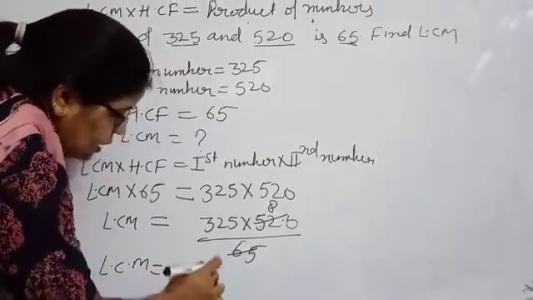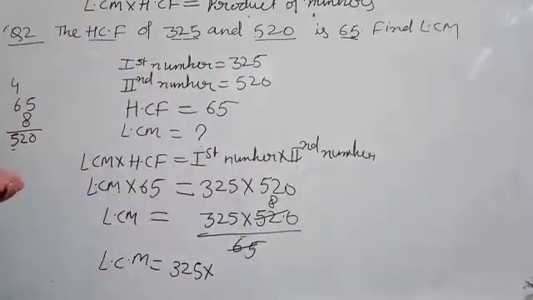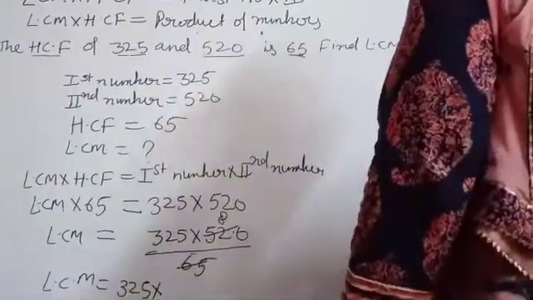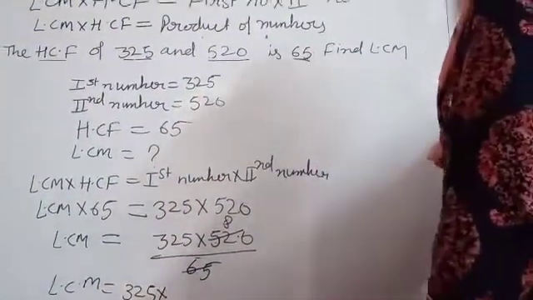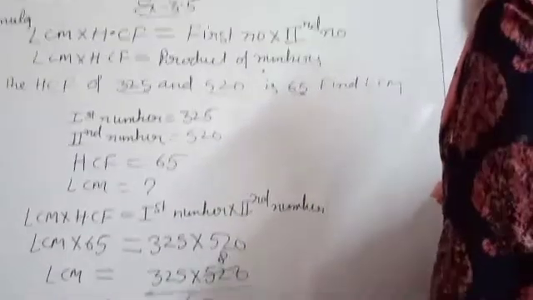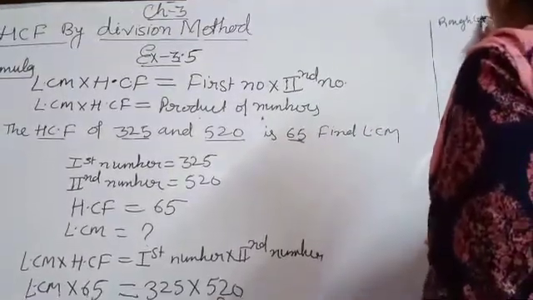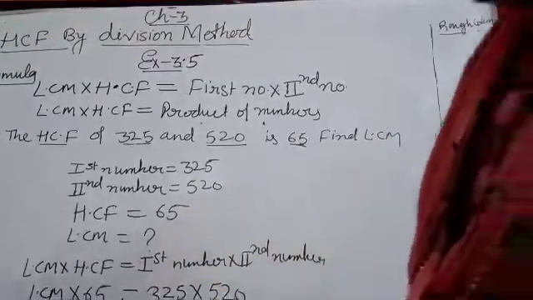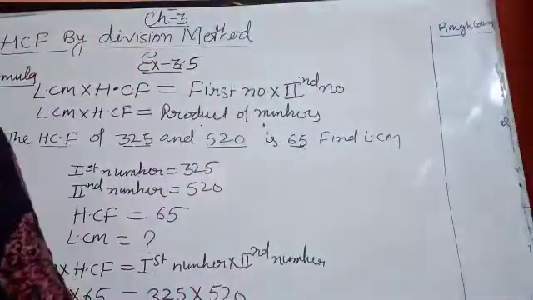You can do the division on your right hand side column as I taught you. Every child will make a rough column on the right hand side, and the question you are doing yourself. Those you will do by pencil, and whatever I am teaching, these questions you will do by pen.